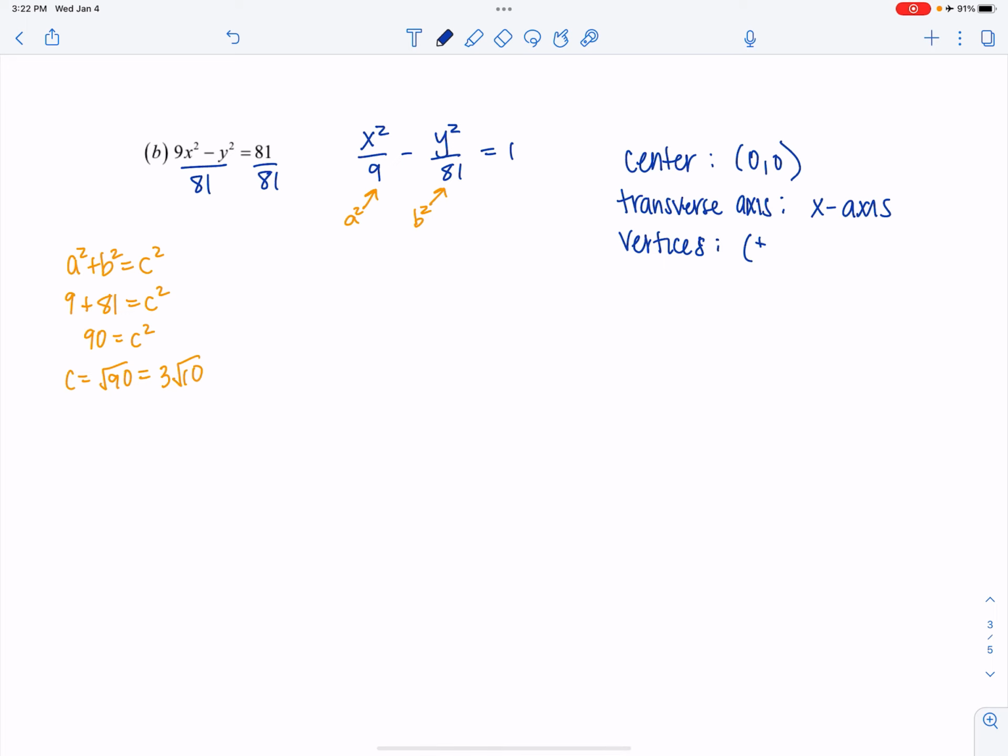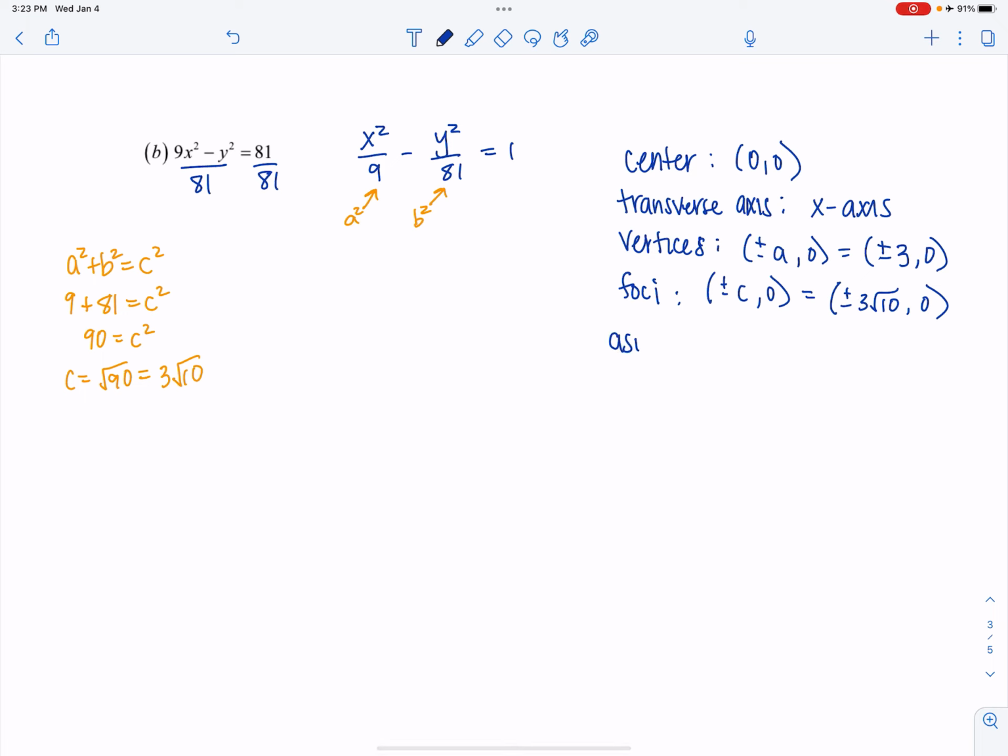The vertices are plus or minus a and 0, which would give us a is 3, so positive 3, 0, and negative 3, 0 are our vertices. Focus points, plus or minus c, comma 0. C was 3 root 10, so one of them will be at positive 3 root 10, one of them will be at negative 3 root 10.